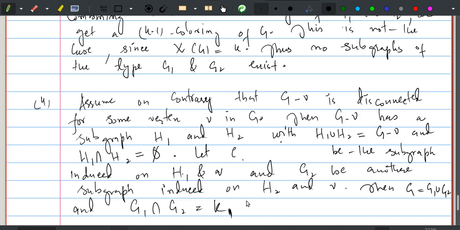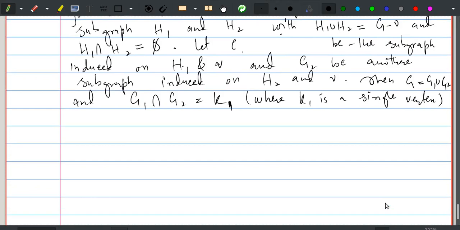So K1 is a single vertex, and a single vertex can be identified as a complete subgraph on one vertex.